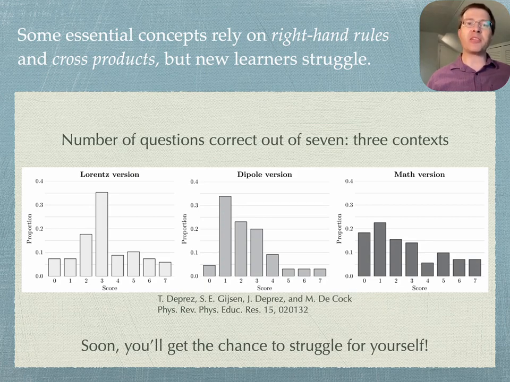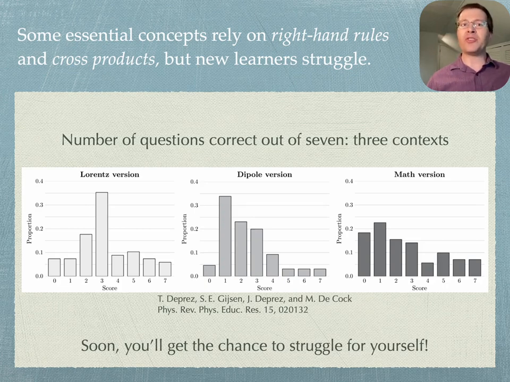These come up in various places in physics, and there's a study, Deprez et al., of students where they had just taught them a course on electromagnetism, and they had just learned about right-hand rules and cross products. And then they gave them a series of three seven-question quizzes on how they could solve problems using cross products.